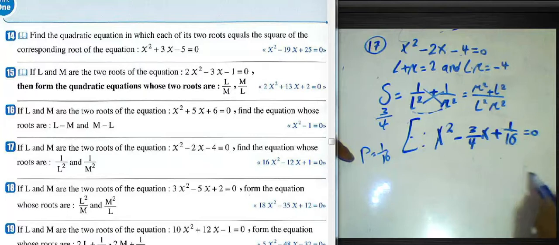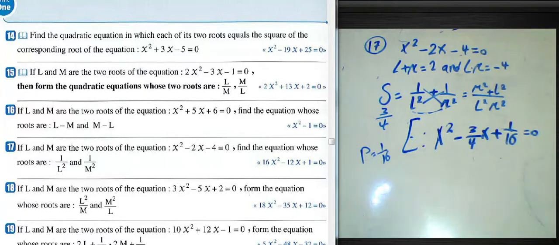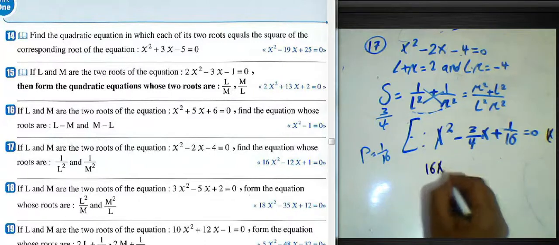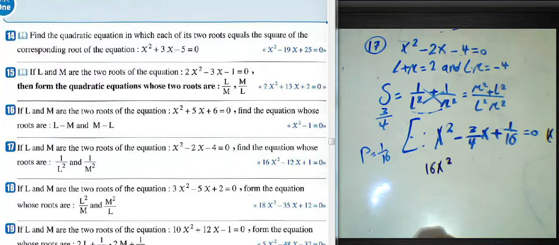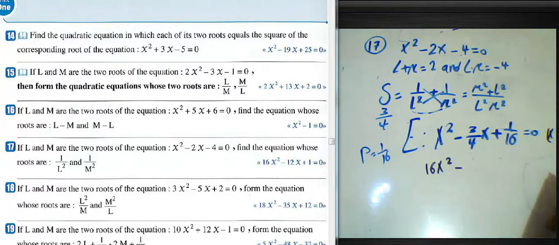We can simplify it by multiplying by 16, because 16 can be divided by 4 and itself. Then in the next step we multiply 16 times x power 2 equals 16 x power 2, and 16 divided by 4 equal 4, 3 times 4 equal 12.